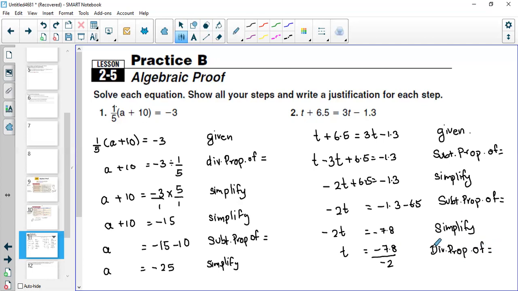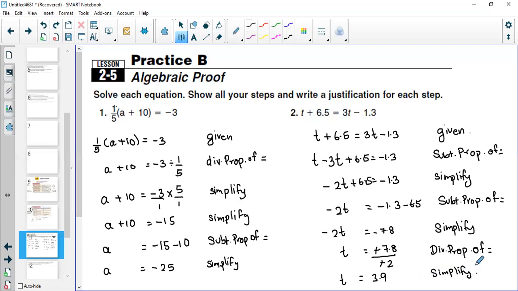So when you solve this, you have two negatives, so you could cancel that out. So all that is left for you is t equals 3.9. 7.8 divided by 2 is going to give you 3.9. So this is called simplify again because we just solved it.